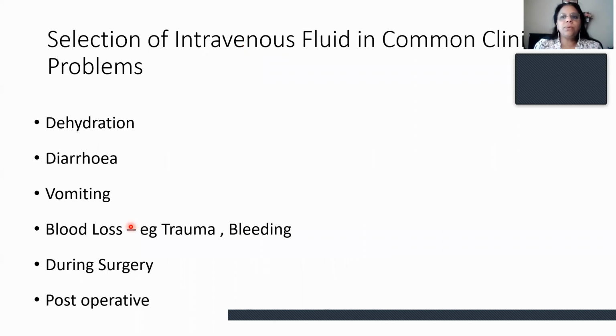Okay, so now I'm going to talk about selection of intravenous fluids in common clinical problems, right? This could be happening in the surgical ward, pediatric ward, gynae ward, medical ward, A&E, anywhere. Dehydration, as somebody said, could be due to diarrhea or vomiting.